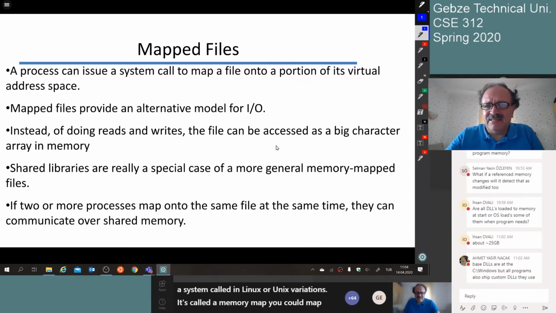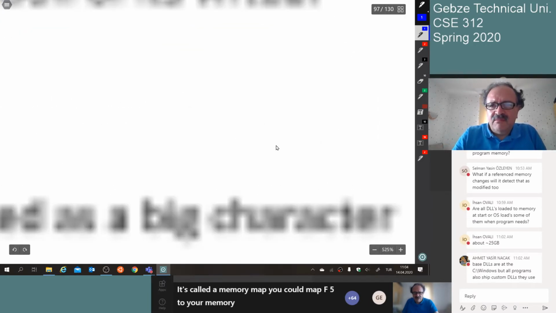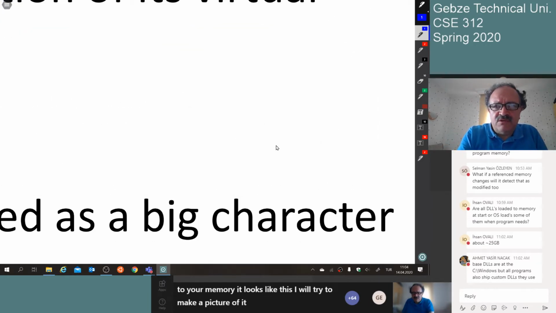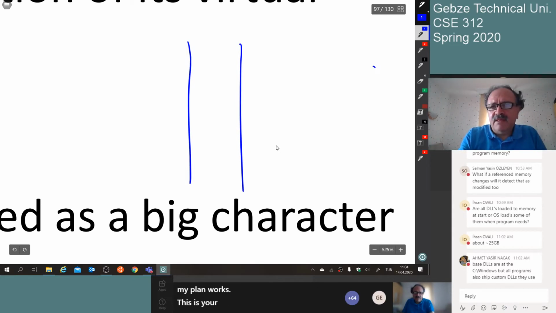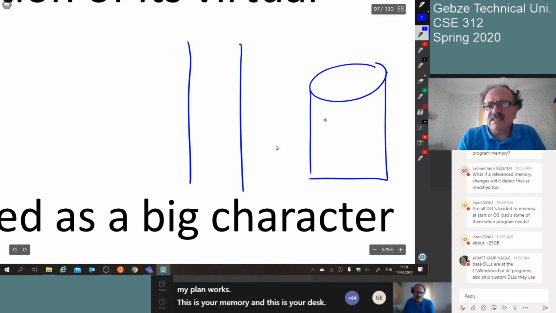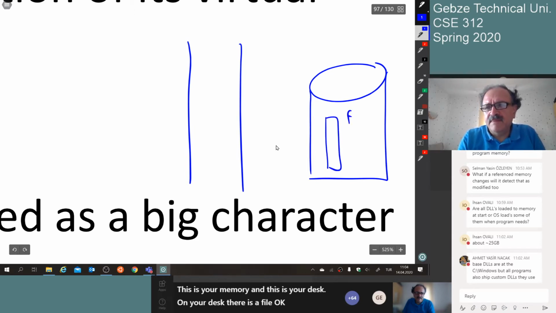It looks like this. I will try to make a picture of it. This is your memory, and this is your disk. On your disk there is a file.